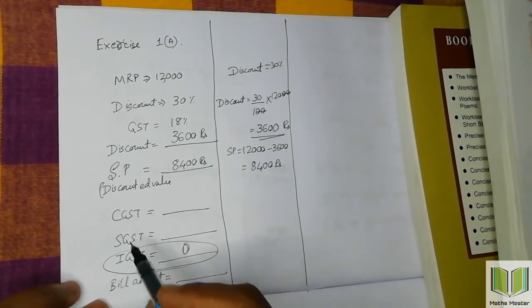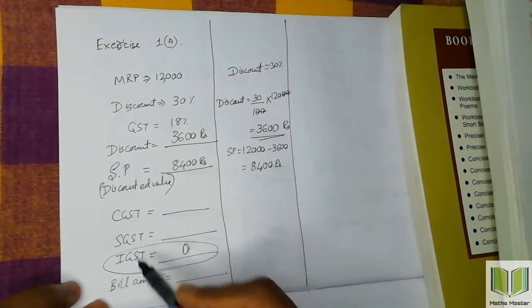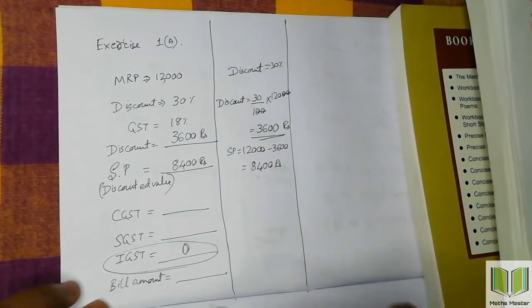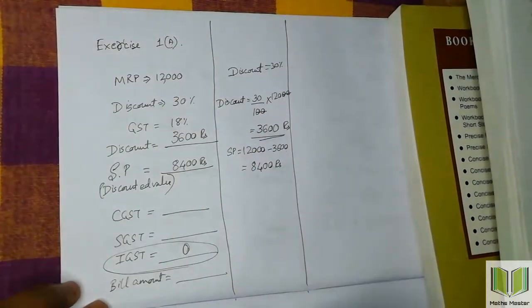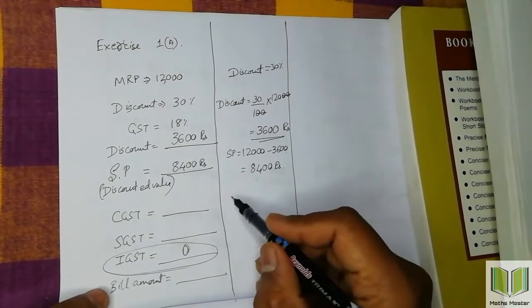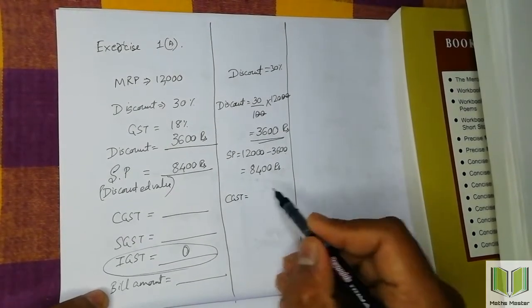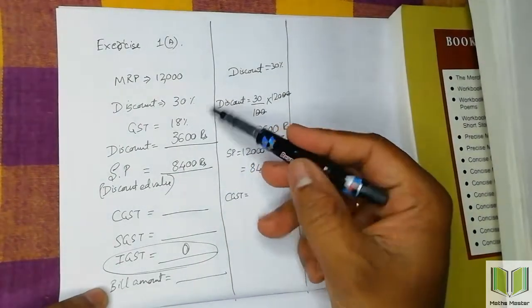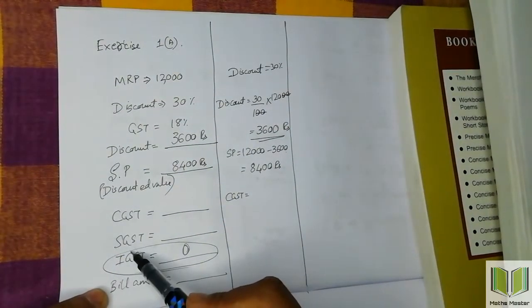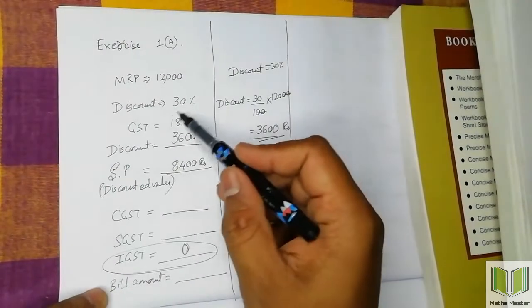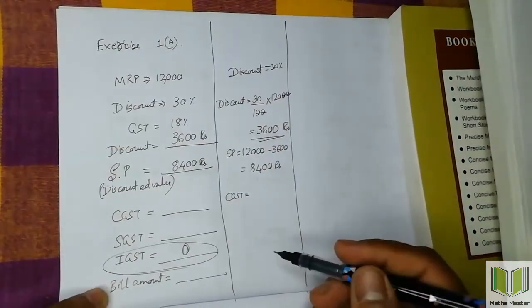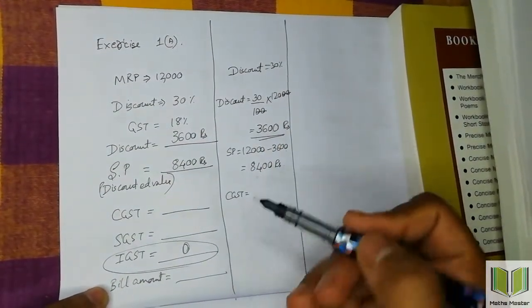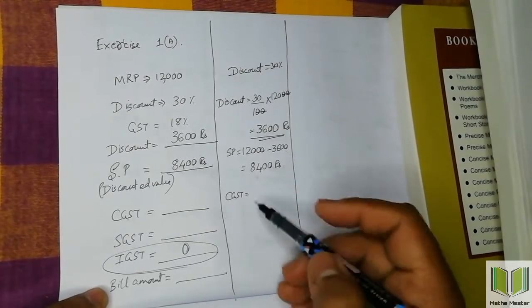Now CGST and SGST have to be calculated, the same way we did discount. Entire GST is 18%, so CGST is equal to 9% and SGST is equal to 9%. Whatever the GST value, divide it into half, and that will be the CGST and SGST value.